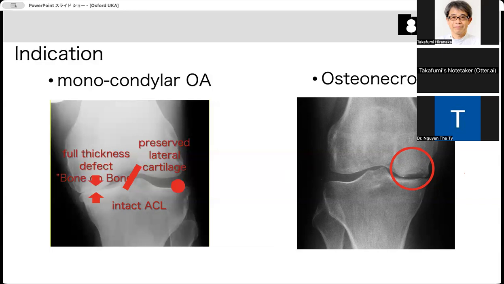Despite some depression on the bone surface, it doesn't matter because this defect can be filled with new pure cartilage.